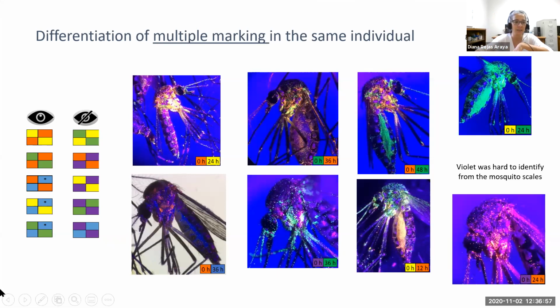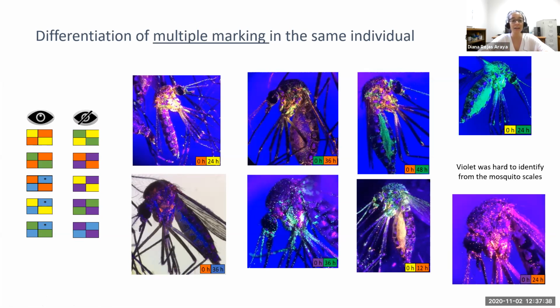The main findings are that the ones with the eye without a line cross on the left are the combinations that we were able to tell apart, and the ones with the eye with the line cross are the combinations that we were not able to tell apart. Mostly, as you can see in the picture at the top right, when you combine yellow and green, at least to the human eye, it's very hard to tell them apart. So that combination was not very good.